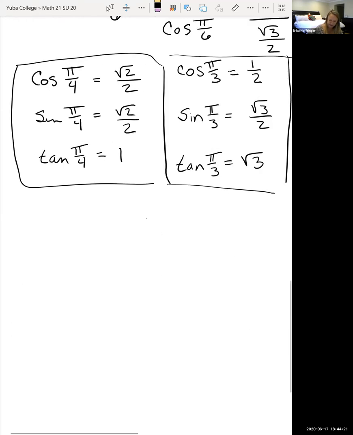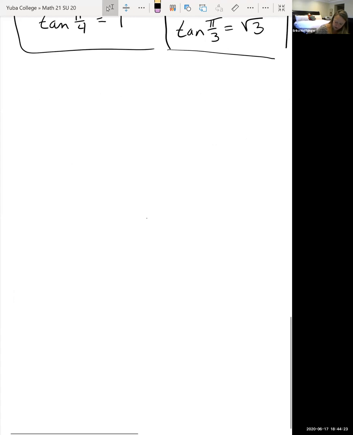So let's look at some examples. For the following, find the exact value of each expression. Do not use a calculator.